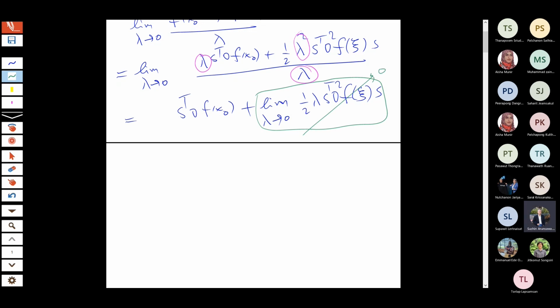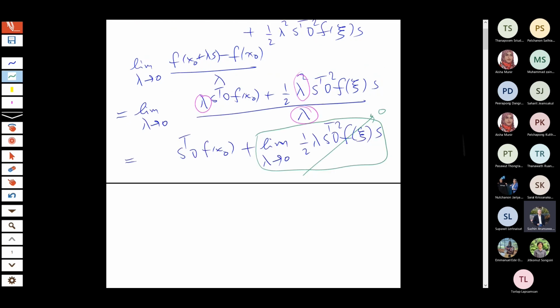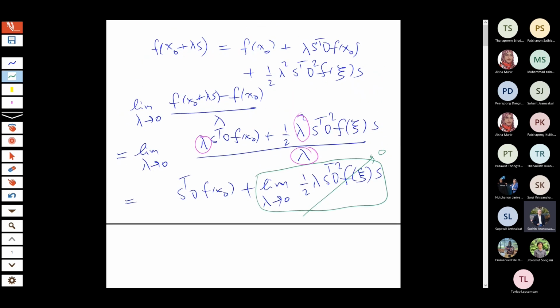Therefore, the directional derivative of the function f in the direction s at the point x naught is in fact identical to s transpose the gradient of f at the point x naught.